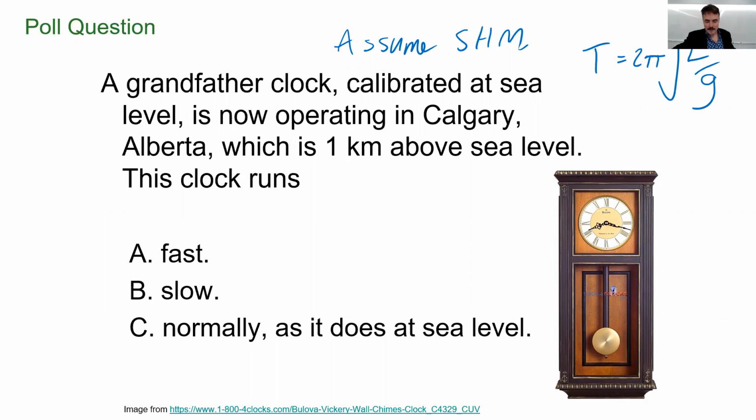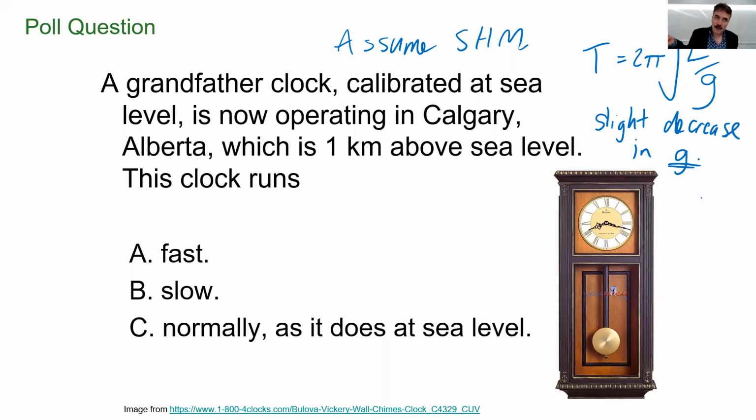So it wasn't normally. My idea here, I mean, it will be close to normally, right? But the idea here is that as you get farther away from the center of the Earth, then gravity decreases a little bit. So instead of being 9.81 as it is at sea level, it might be 9.80 or something like that. Just a slight decrease in G, okay?